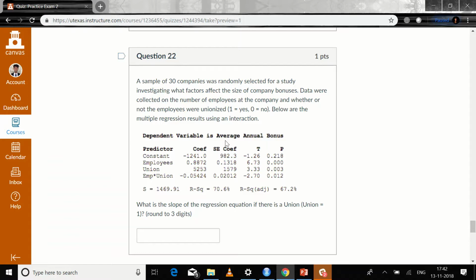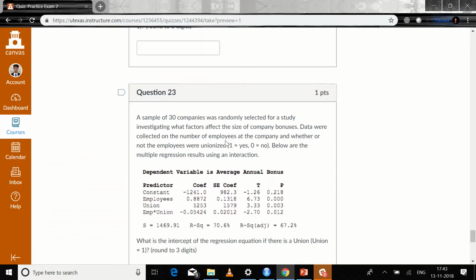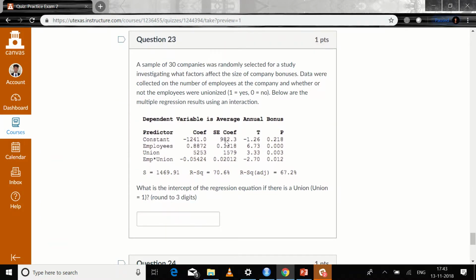So the slope would be minus 0.05 plus 0.88, which is around 0.83. And obviously the next question asks you for the intercept, which is the same thing.